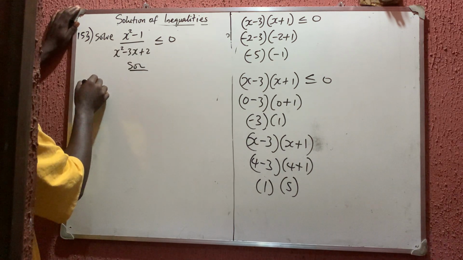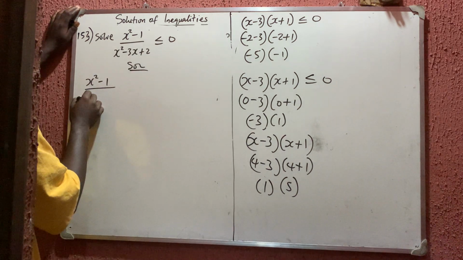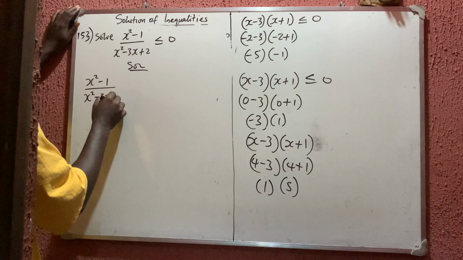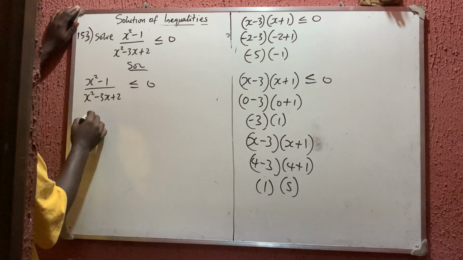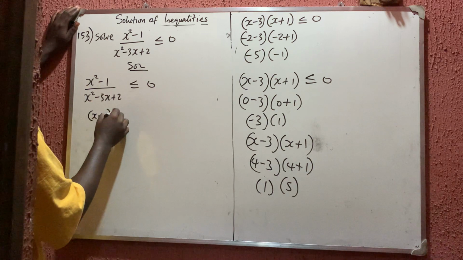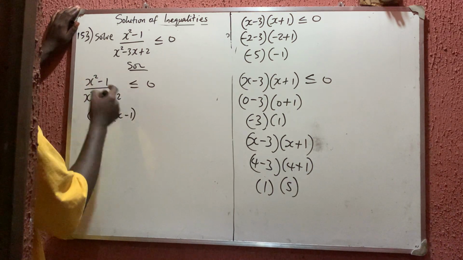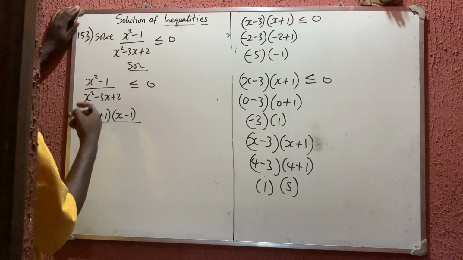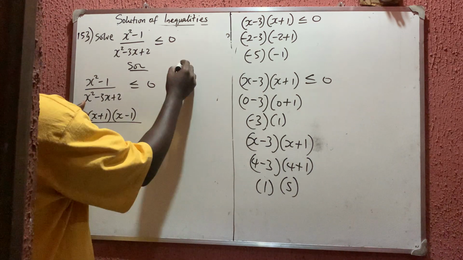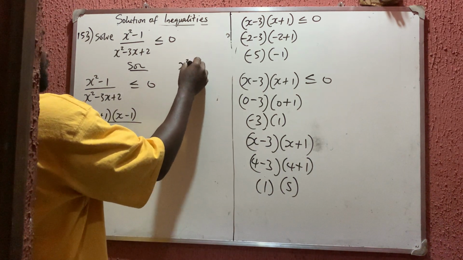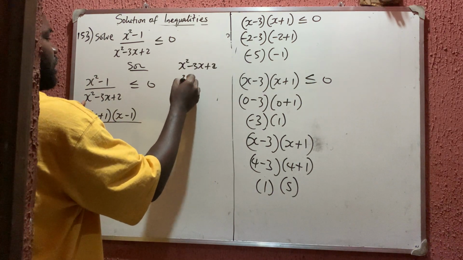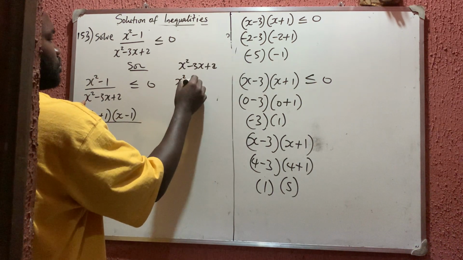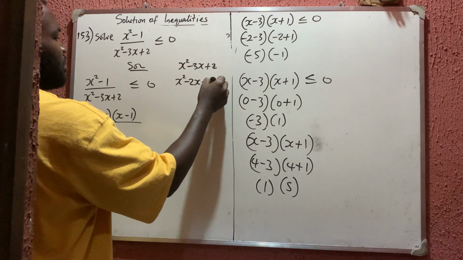So just say x squared minus 1 all over x squared minus 3x plus 2 is less than or equal to 0. Now if I factorize the numerator, I'm going to have x plus 1 and x minus 1, because this is a difference of two squares. If I factorize the denominator, x squared minus 3x plus 2 is x squared minus 2x minus x plus 2.